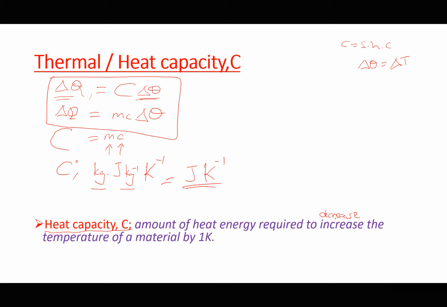The moment we specify the mass to be a unit mass, then we are talking about specific heat capacity. So I want you to note carefully that for heat capacity we use capital C, and for specific heat capacity we use small letter c.